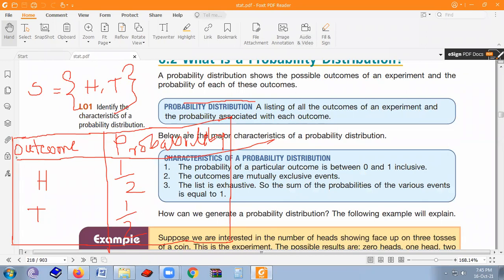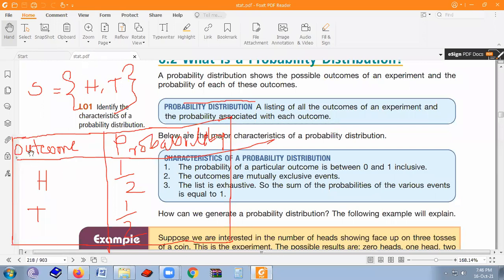This table is called a probability distribution. We also learned frequency distribution: when we see a frequency, it is called a frequency distribution. And when the table shows probability, we say the distribution is a probability distribution.